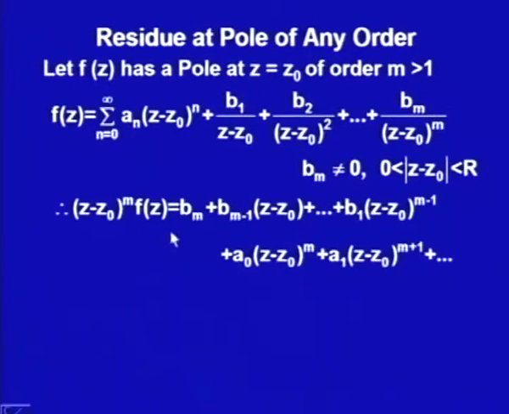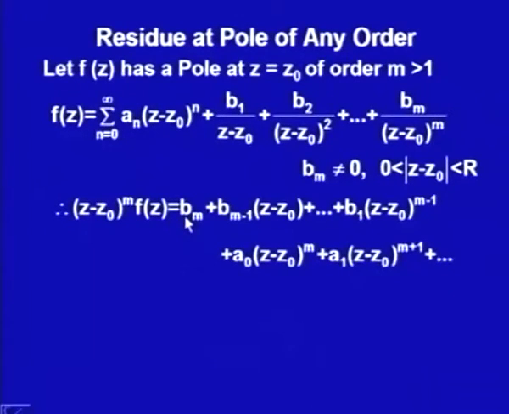Now, let us again see this expansion. Let us take the coefficients as d0, d1, and so on, d_(m-1), d_m. So, what I am having is the Taylor series expansion of the function (z - z0)^m times f(z).